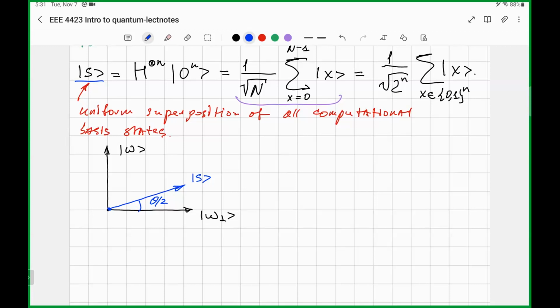Let's also write down this information here. This state omega is the state we search for.